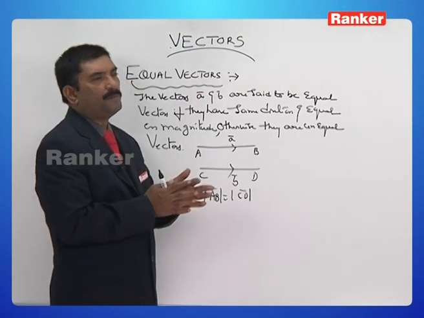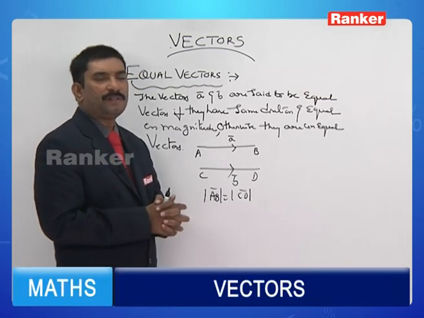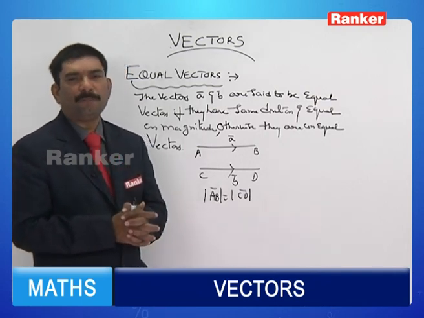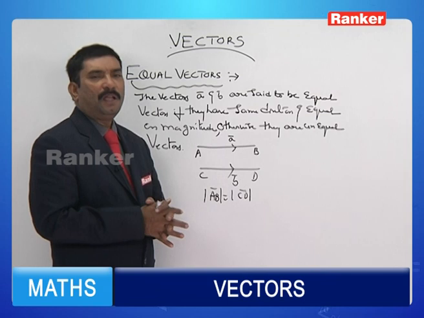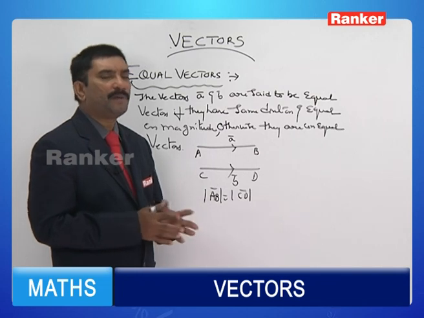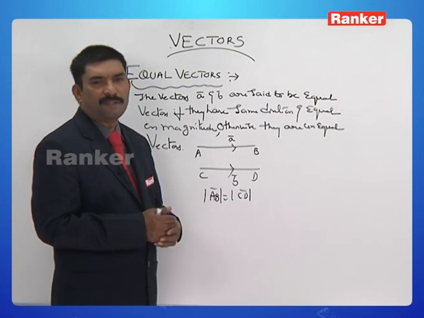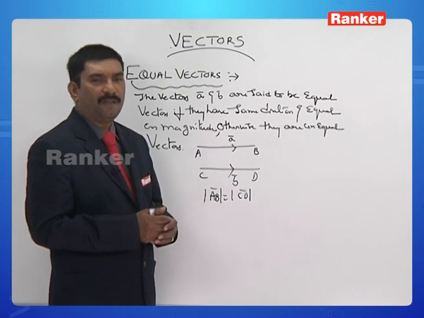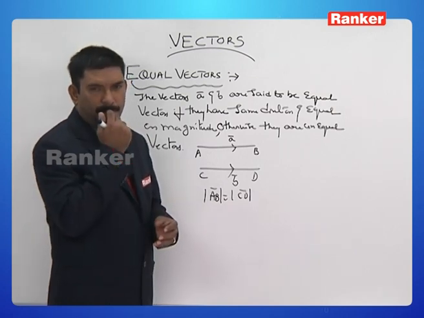Later, we came across the null vector. A null vector is a vector having zero magnitude. Its direction is there, but it is not defined. It is denoted by 0 bar, and in a null vector the initial point always coincides with the terminal point, for example AA bar, BB bar, CC bar, DD bar, EE bar, etc. Later, we discussed like vectors and unlike vectors.